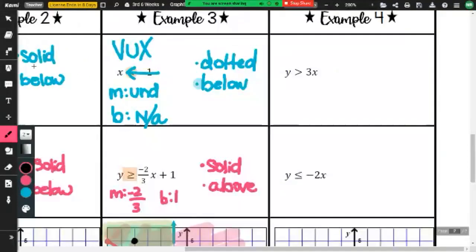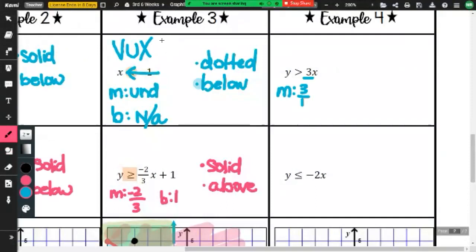Last one. Here we go. We have a Y and an X, even though it looks similar to a horizontal line. We still have both variables present, so this is not a horizontal line one. My slope is actually this 3 right here in front of X, so 3/1.